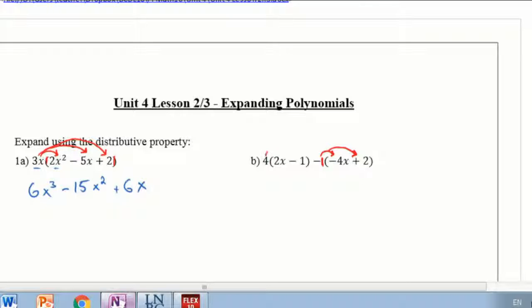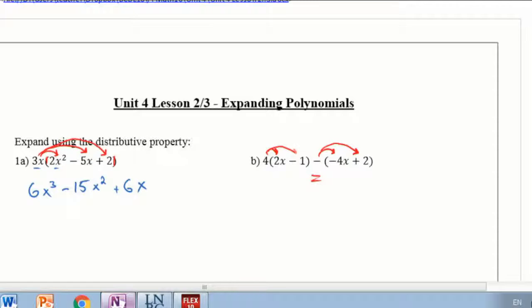So what I'm doing is I'm distributing the 4 through the first bracket, +4, and I'm distributing the -1 through the second bracket. Basically, the negative sign here is just going to change the signs of everything inside the bracket. That's just the way it works out. But it's important to remember that if you see a question that has just subtraction between the two things, you need to distribute a -1 or your negative sign through that second bracket.